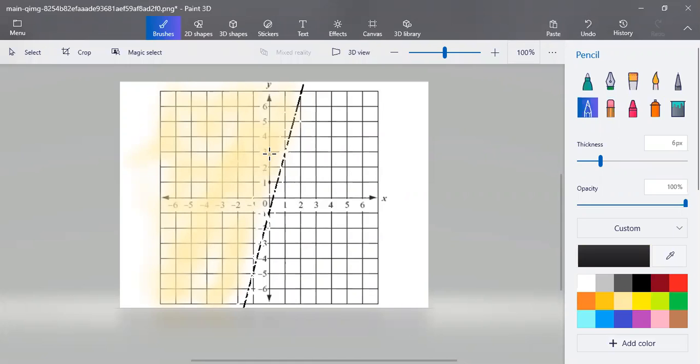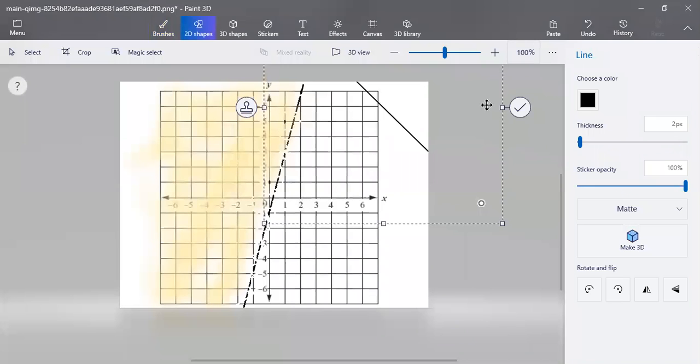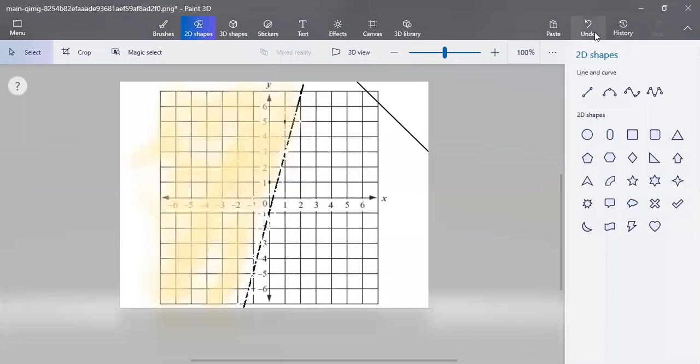So 1, 2, 3, 4, and right 1. So I think these 2 points are more than enough for us, because we can simply draw a line using those 2 points. So let me just join these 2 points. And also the graph doesn't allow us to draw anything more than that. So I will just draw these 2.